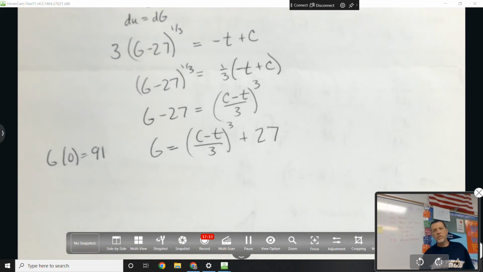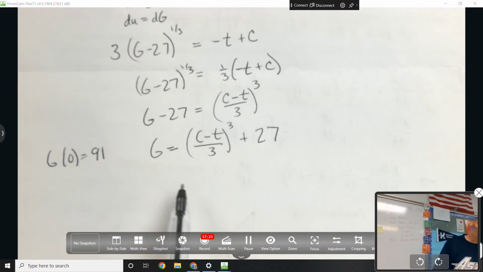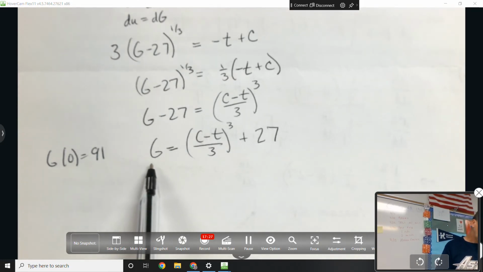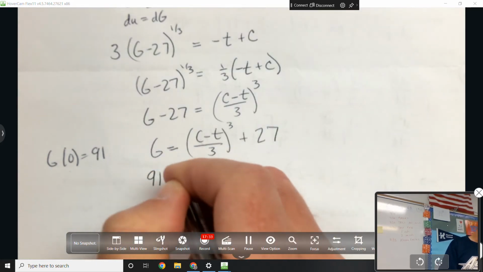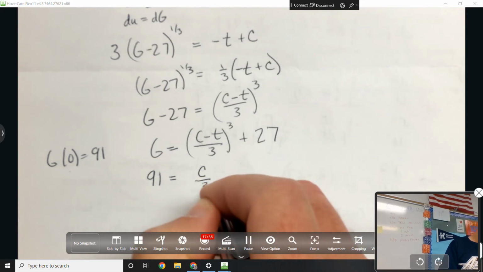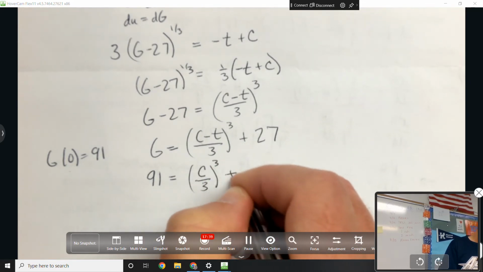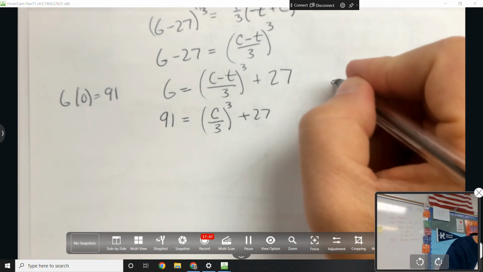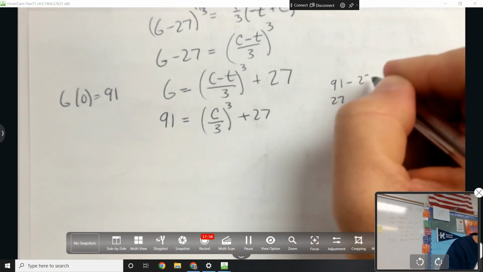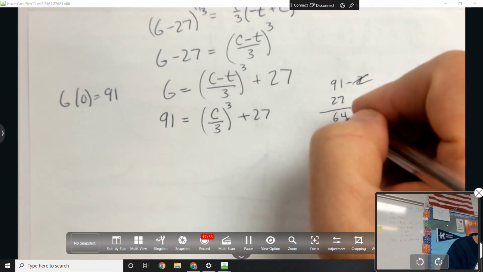And g of 0 equals 91, so I can figure out what c is. Alright, so let's plug in 0 for t, and g would be 91. So 91 minus 27 is, we did this already, 64.